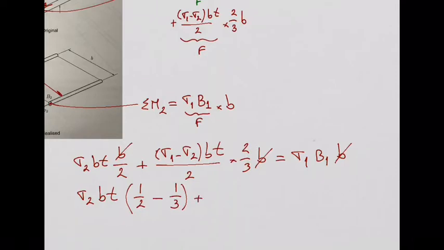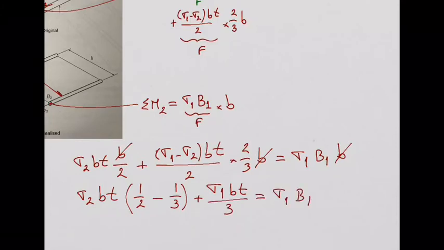And then I have plus sigma 1 bt over 3 equal to sigma 1 b1. Is this correct or not? I usually have mistakes here. I don't know why. So let's check this carefully. Sigma 2 bt, I have 1 over 2, correct. So minus, for sigma 2 bt, 2 cancels with this 2 over 3. Seems okay. Now plus sigma 1, 2 cancels with this 2, bt over 3. Looks okay to me.